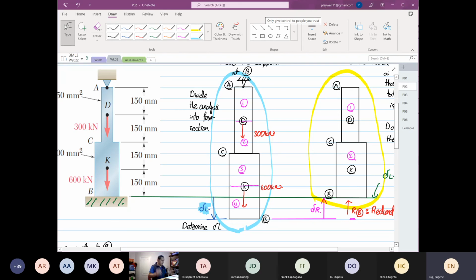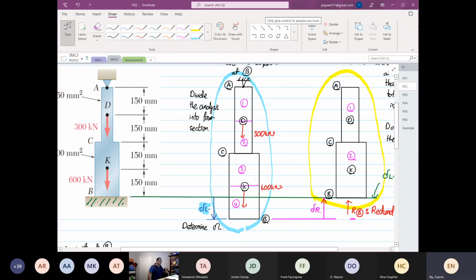For material, they are all made of the same material. There's no A to C is one material, C to B another. If we just look at the change in geometry, AC and CB are the only 2 changes in geometry.